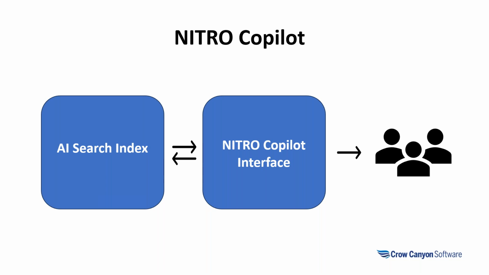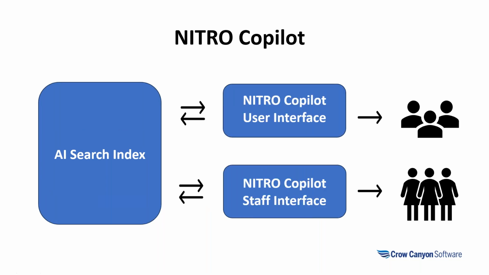Without getting too much into the details, it's kind of fun to dig into, but that would be another webinar. The Copilot interface gives you a lot of control, the Copilot configurations, of what is shown to the users and how it's formatted. I'll show you that in a moment.